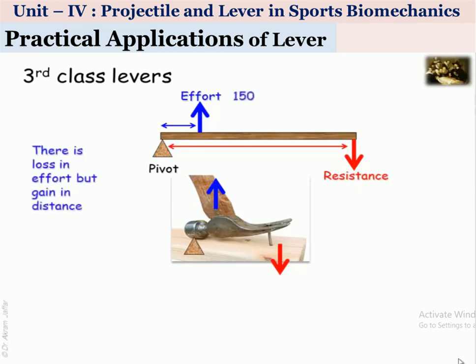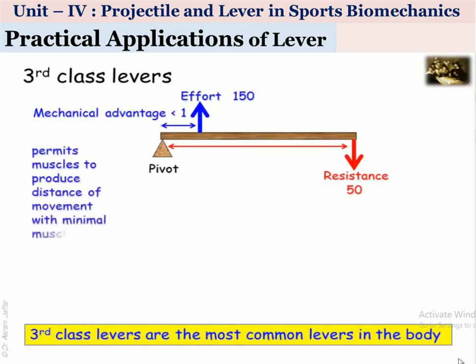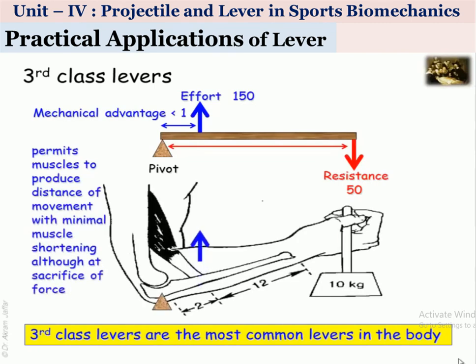Again, I repeat that third-class levers are the most common levers in the body. This is supported by the fact that muscle insertions are so frequently found close to the joints they move. Therefore, the effort is located between the pivot and the resistance, creating a third-class lever.